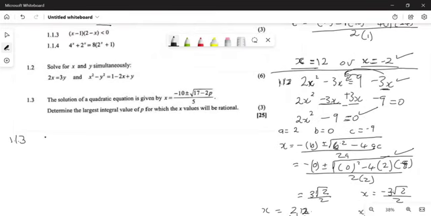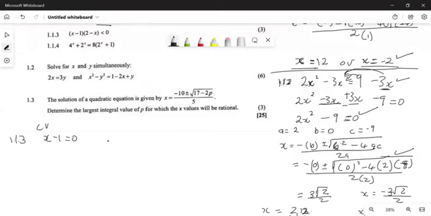1.1.3. You say you want to say x minus 1 is going to be 0. So these are your critical values. You're getting your critical values. And then I'm also going to say 2 minus x is 0.